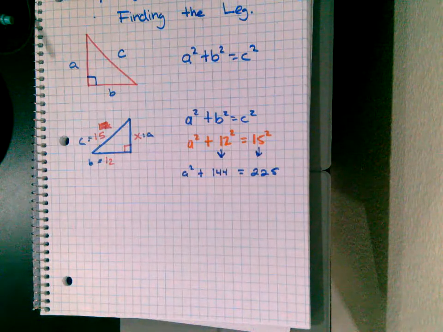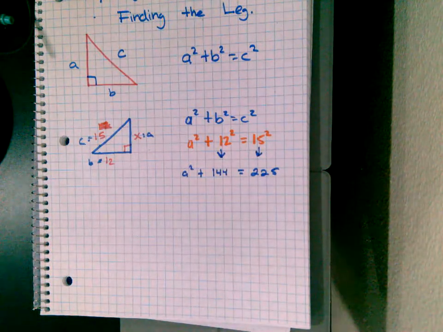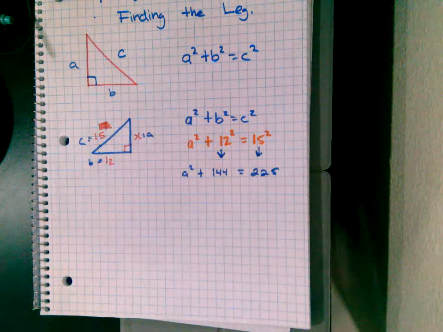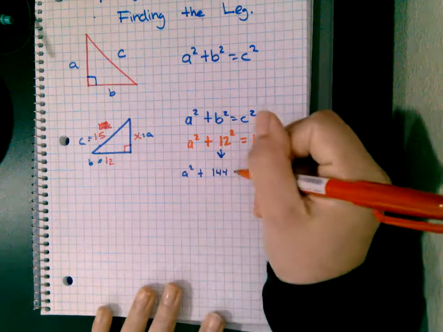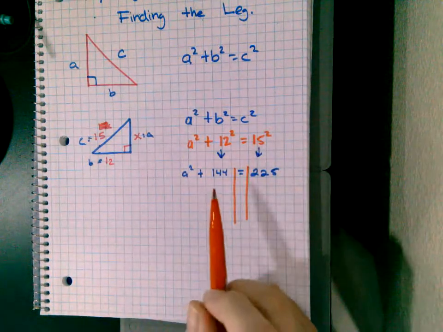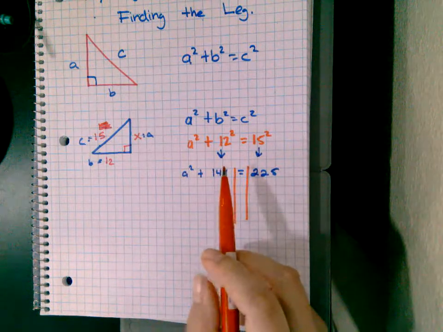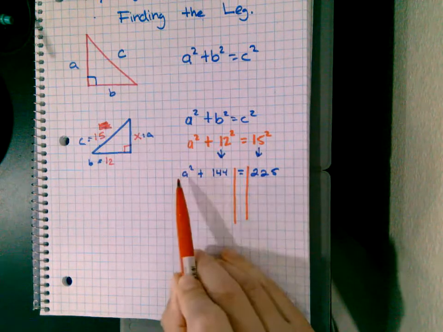So the first step's the same: you square your numbers and drop them down. Now the second step is completely different than last week, because we have to solve for A squared. On Thursday, we added, but here you can't, because there's a number on this side and a number on this side, and then your variable.